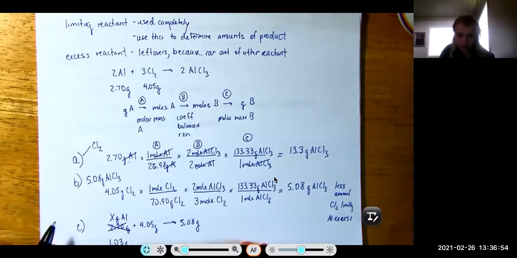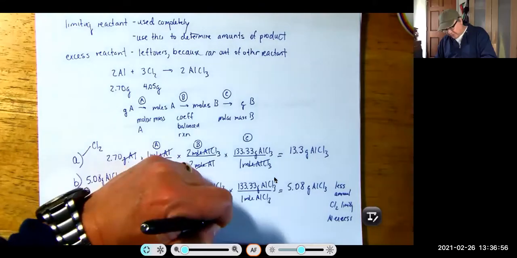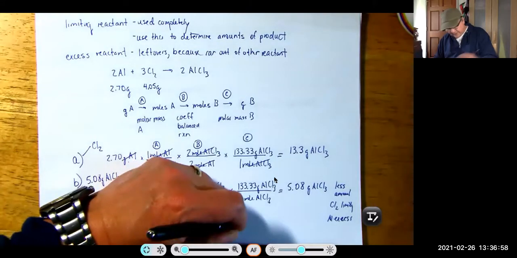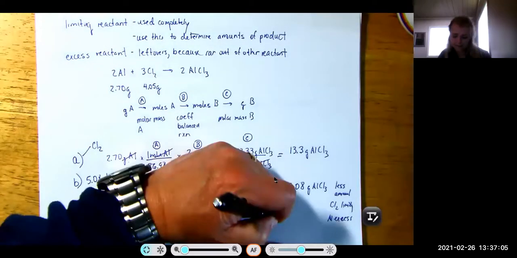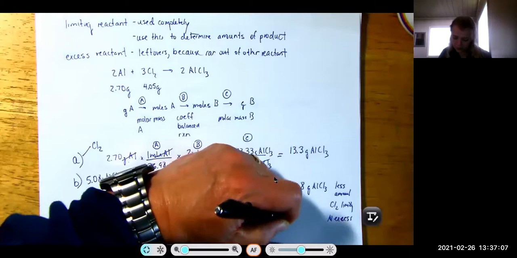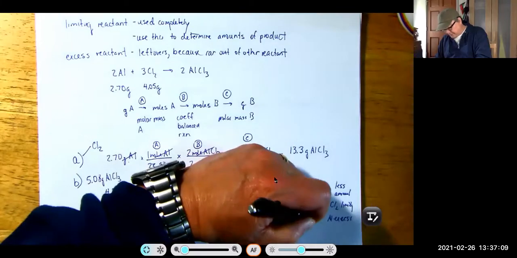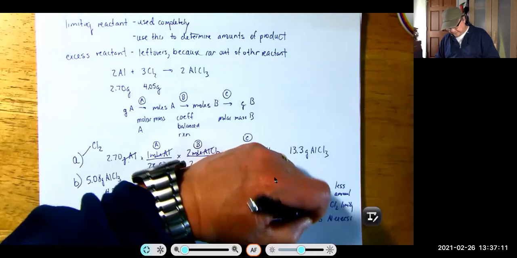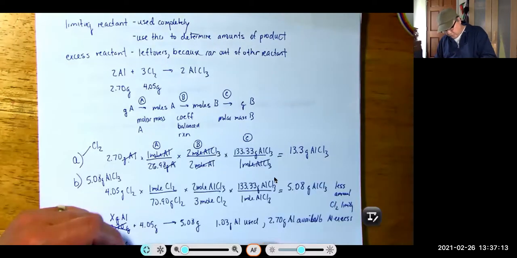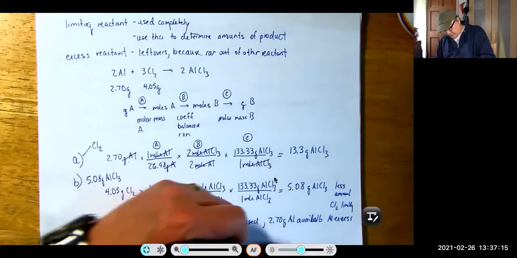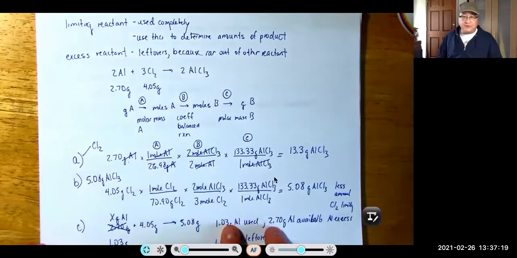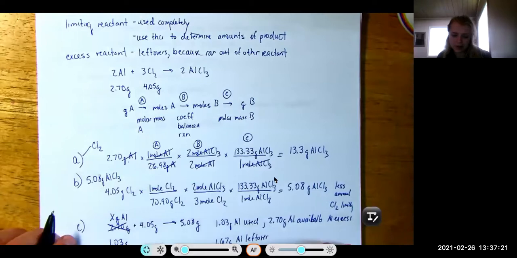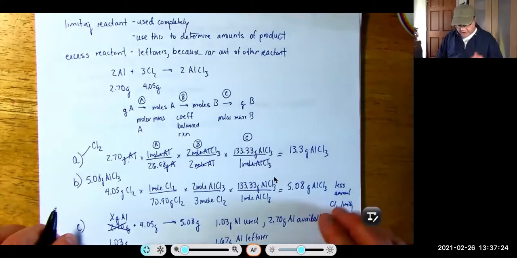So I've got 1.03 grams of aluminum used, and I have 2.70 grams available. So how much is left over? It's the difference between these two values, so about 1.67. So that's one way to do it.